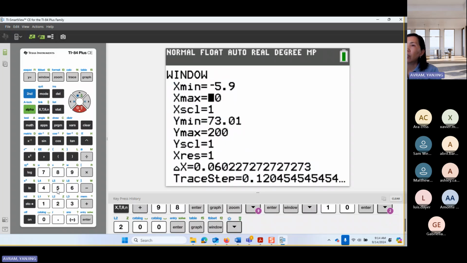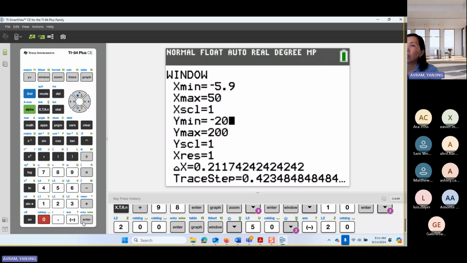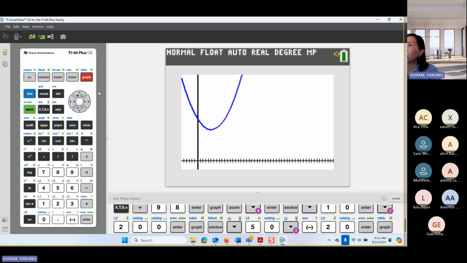Okay, so let's increase x, and then y min, let's say negative 20. Just trying to see the whole thing. All right, so now we can see the whole thing. So you can see this vertex is in the fourth quadrant in here. You can see this is 1, 2, 3, 4, right? Q1, Q2, Q3, Q4. So this is the vertex.